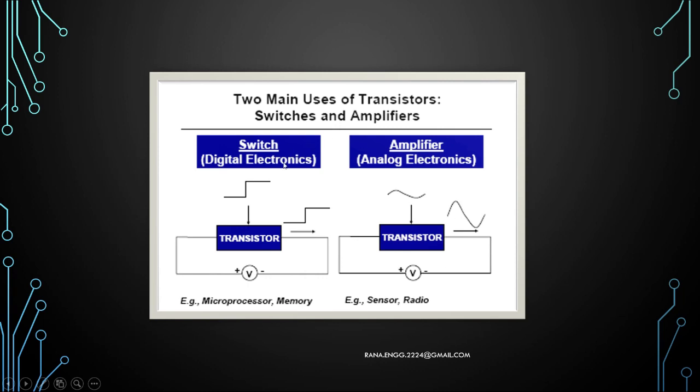And when we have that switch, either it is in saturation mode or cutoff mode. Cutoff means off, saturation means on. In between that, it works as an amplifier. This is analog electronics. It is used in sensors and radios while designing IoTs. You must have heard about the Internet of Things. Internet of Things works with sensors.